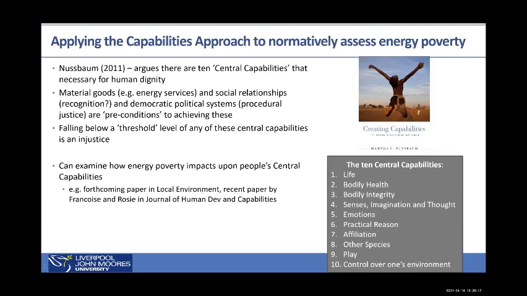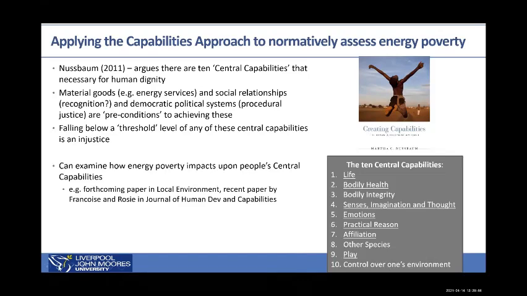We did interviews with households living in energy poverty, analysed them, and looked at how energy poverty was affecting their lives and whether it was having an impact on any of these central capabilities. The answer was yes, we found 7 of the 10, the ones I've underlined here on the diagram. And then you can start to make some claims about justice or injustice.